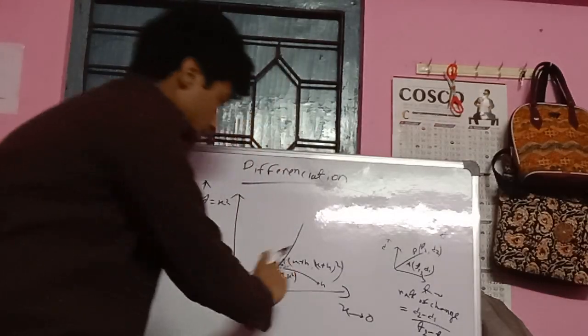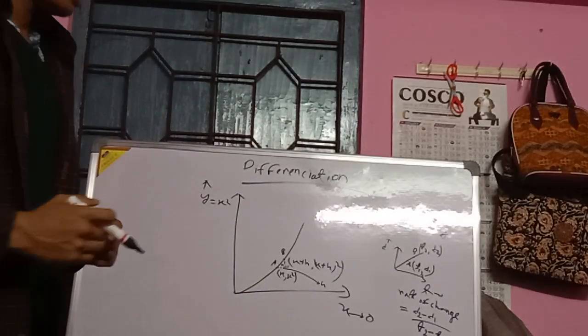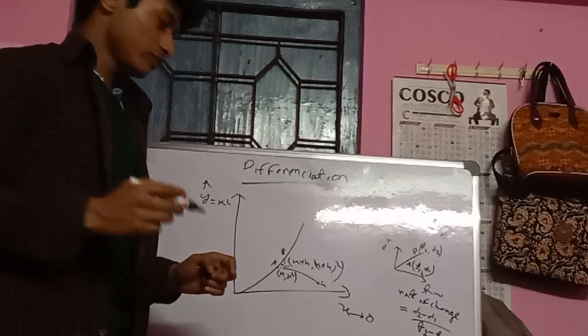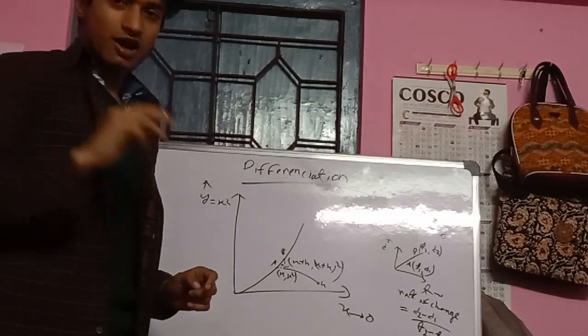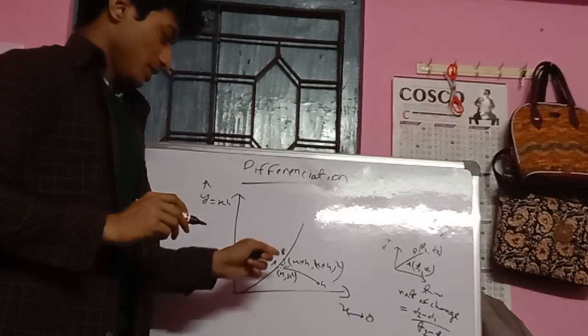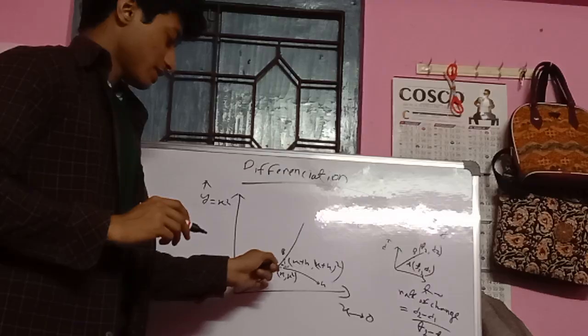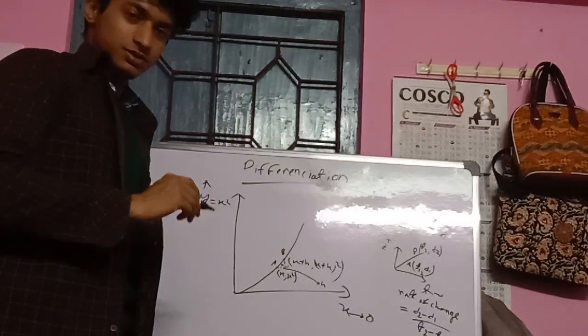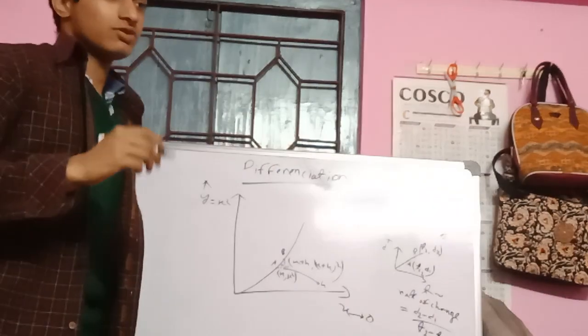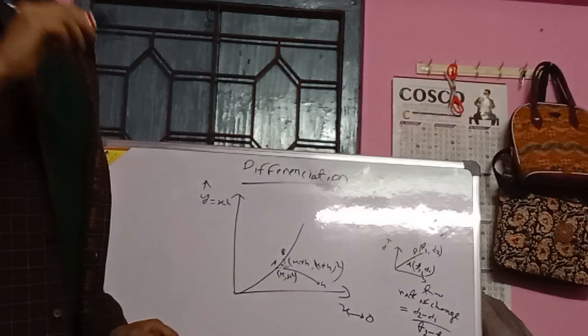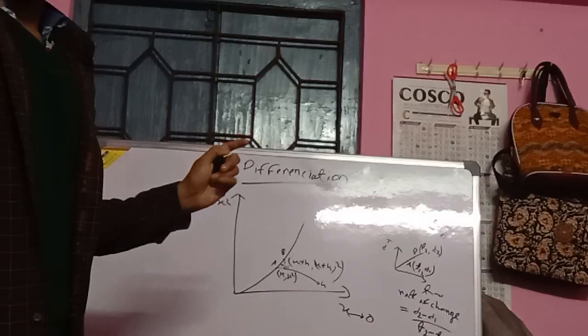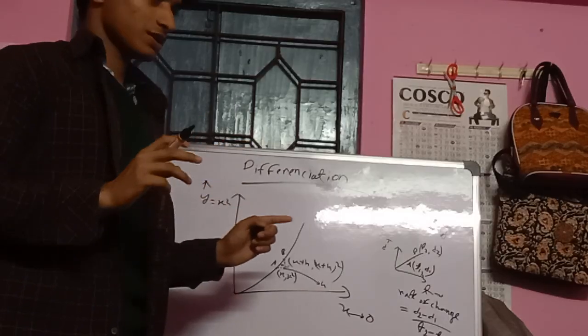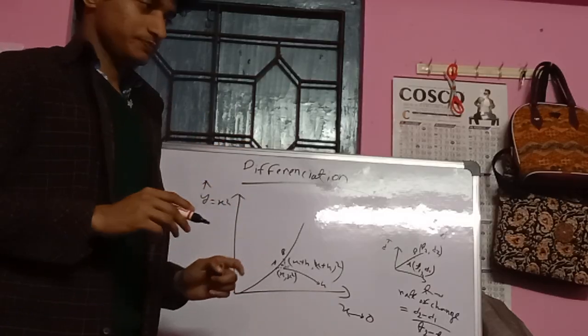Okay, so in this graph, the average rate of change between point B and point A, how much would that be? If you connect these two points, point A and B, wouldn't that form a straight line? Because what do we know? We know that if we connect two distinct points, then that would form a straight line.